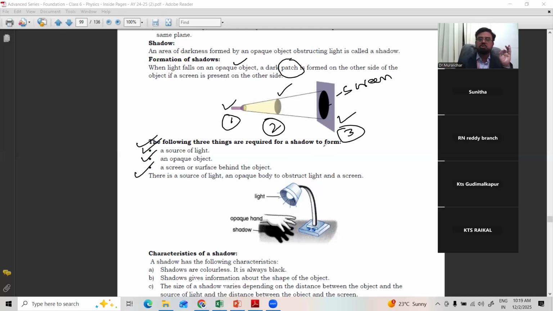One is a source of light, from where light is coming out, either a torchlight or a candle or a bulb. Second is an object which is coming in the path of light. It should be an opaque object. We cannot take any transparent or translucent object. And third is a screen, beyond the object, to catch the darkness, to catch the shadow. These three are basic requirements.